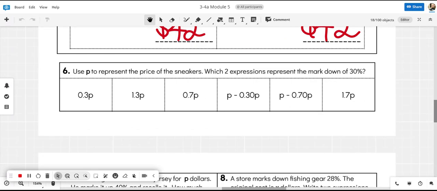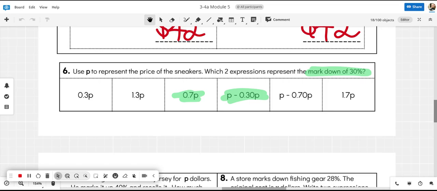Okay, number 6, use P to represent the price of the sneakers. Again, this is a markdown of 30%. Right away, my brain goes to, well, if I get 30% off, I'm paying 70% of the price. If I'm getting 30% off, I have the price minus 30% of the price, which is this one right next to it.